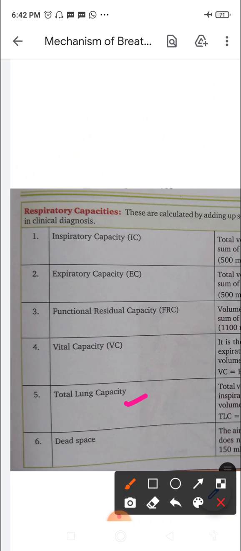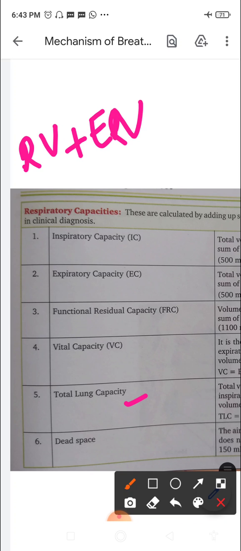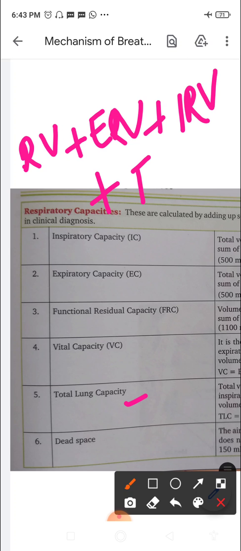It would be the sum total of the residual volume, RV, plus expiratory reserve volume, plus the inspiratory reserve volume and the tidal volume. So the sum total of everything is the total lung capacity.